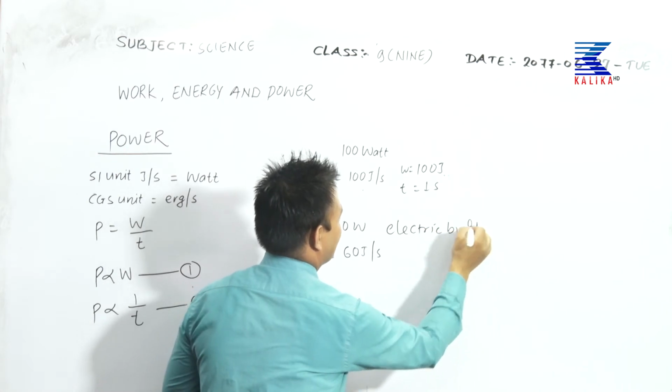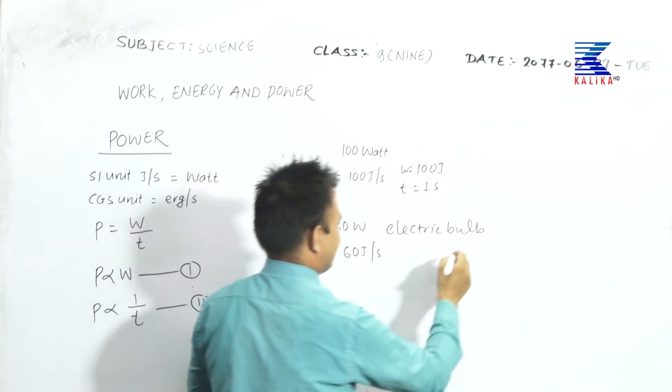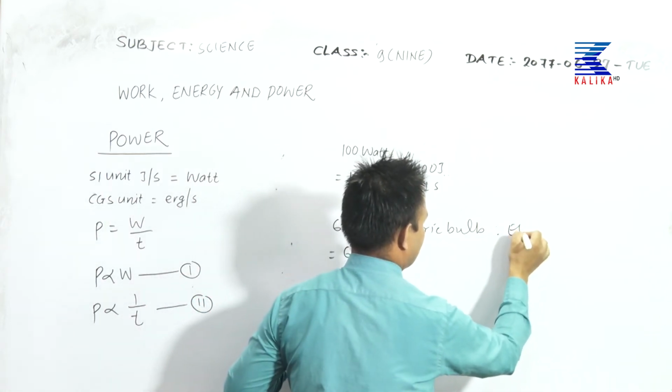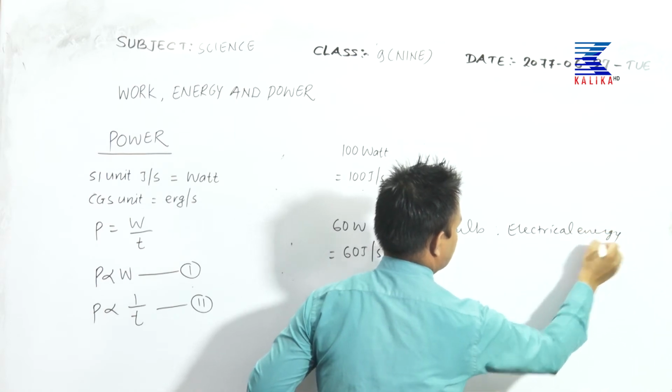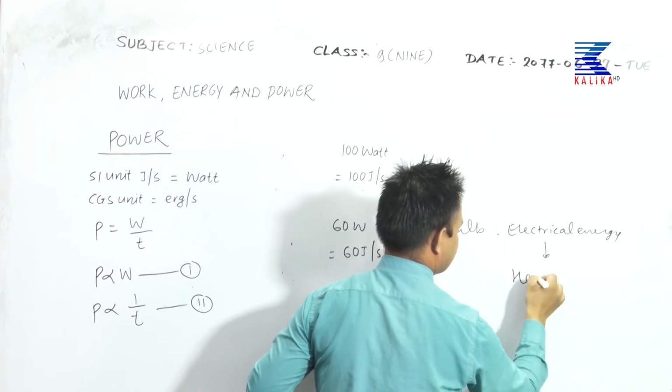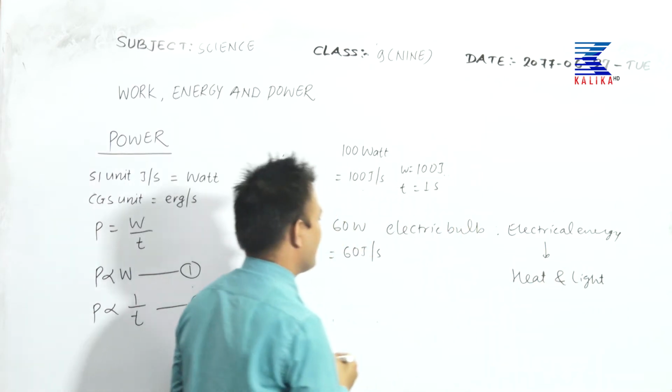But the electric bulb can convert one form of energy to another form of energy. The electric bulb converts electrical energy to heat energy and light energy. So what can we say?